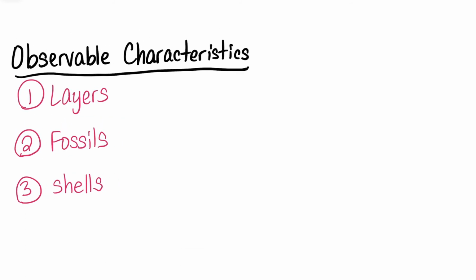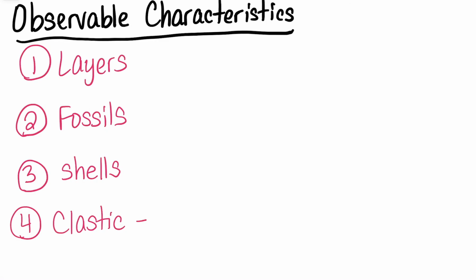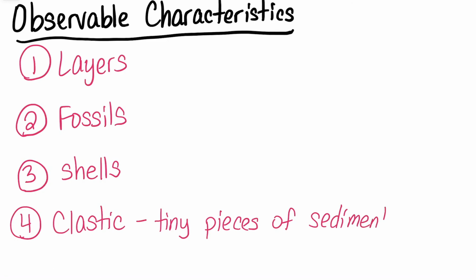And the fourth characteristic is that the rock is clastic. And remember, our definition of clastic is that the rock contains tiny pieces of sediment or rock cemented together.